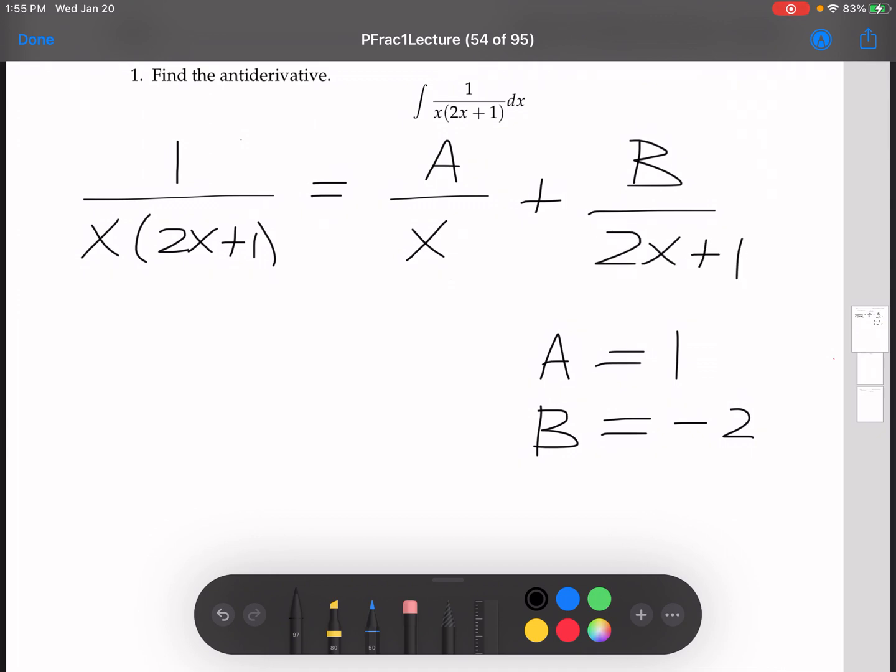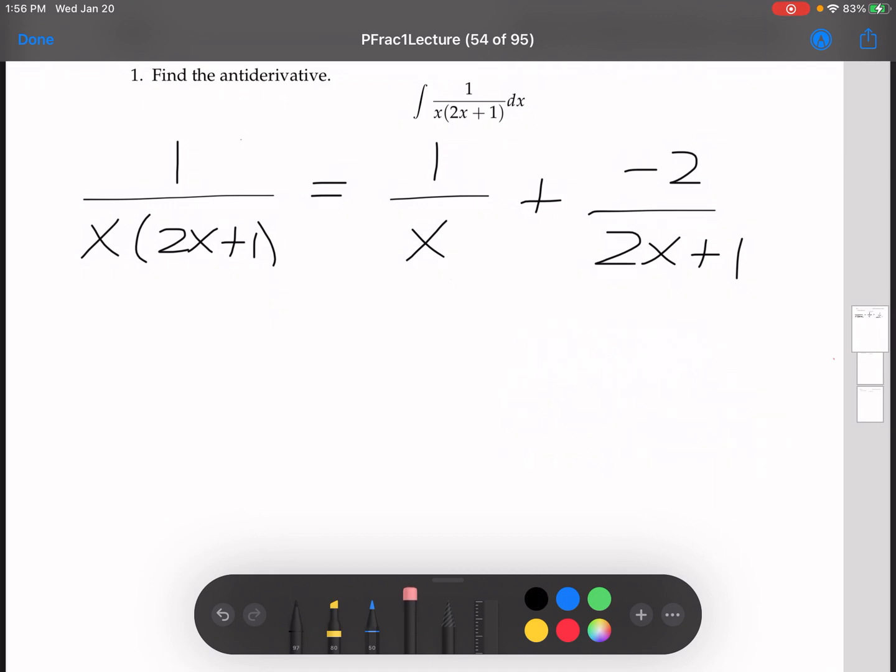So now we know that A is equal to 1 and B is equal to negative 2. And if you want to check, you can add these fractions here, and you'll see that actually does give you that back.